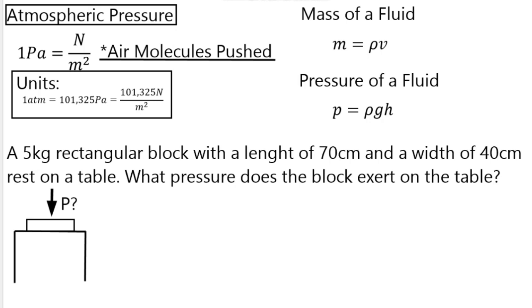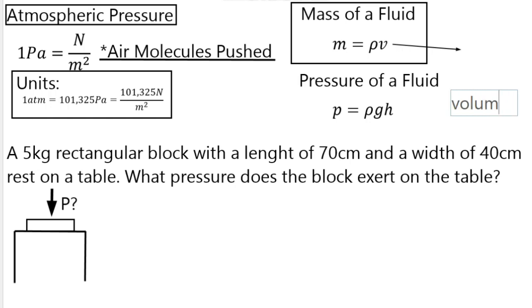So let's talk about the other formulas. We have the mass of a fluid. This mass is equal to the density times the volume. This is the volume of our fluid, and this is our density.